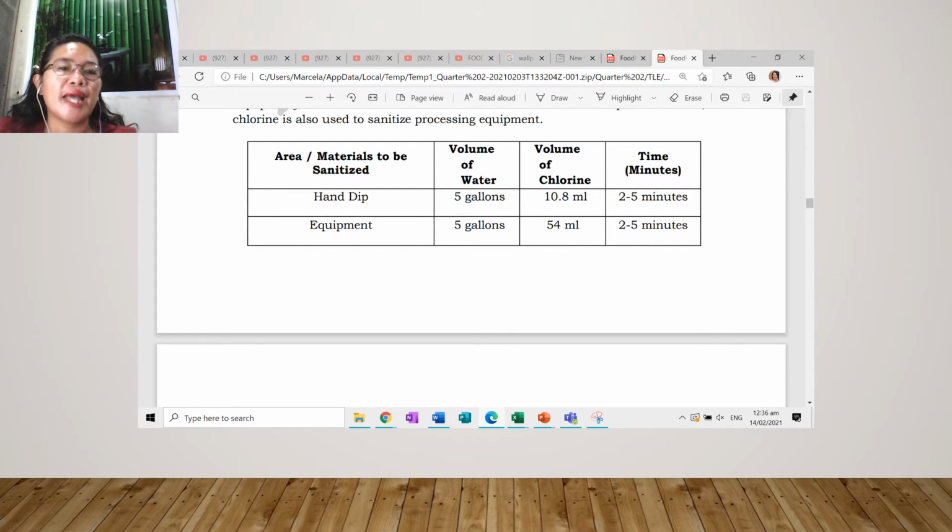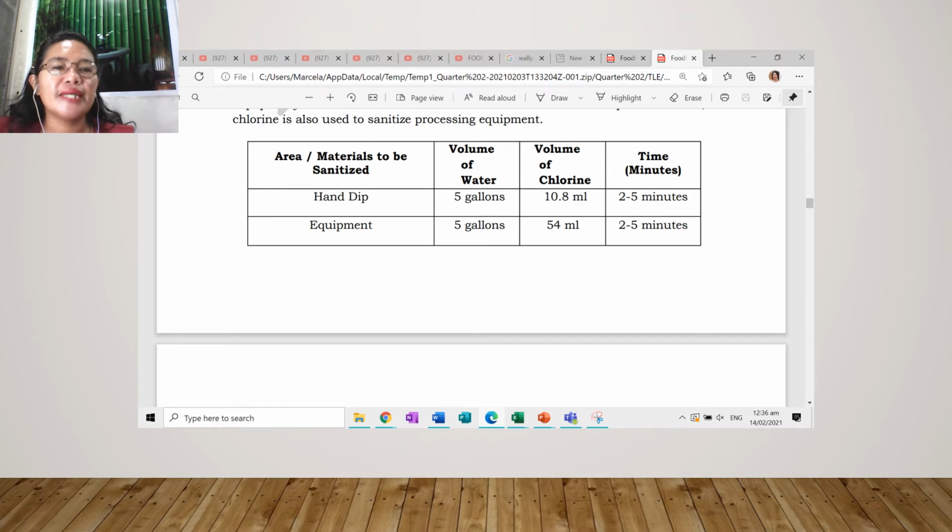For example, hand dip: the volume of water is 5 gallons, then you are going to put 10.8 ml of chlorine, for 2 to 5 minutes.